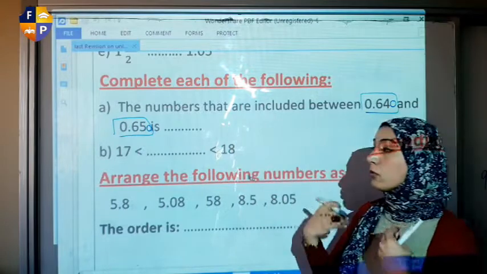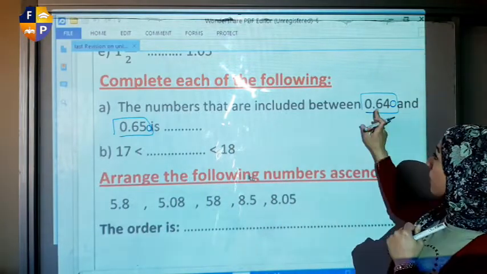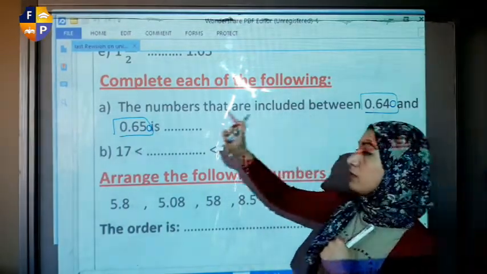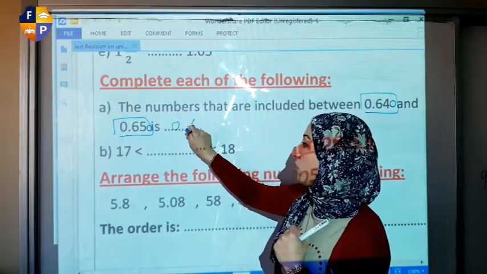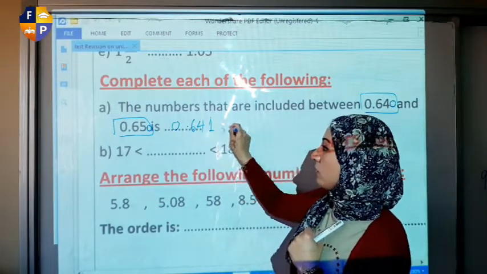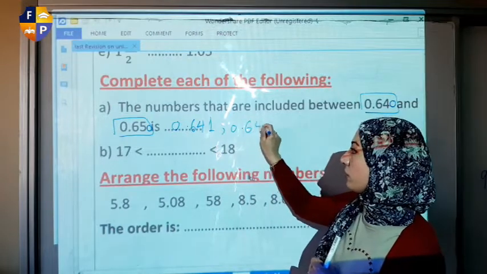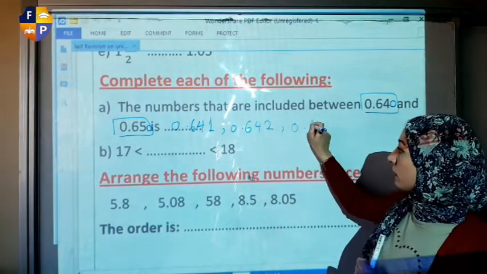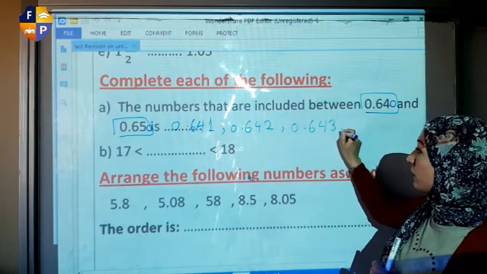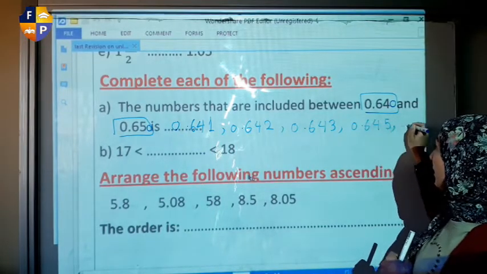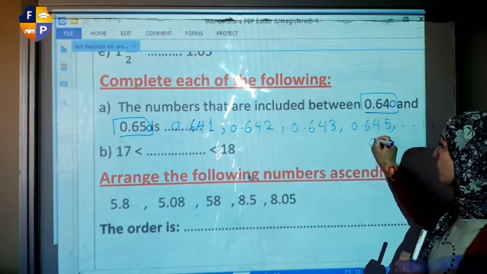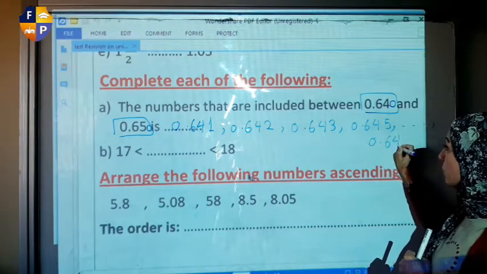So we have a lot of numbers between 0.640 and 0.650. The first 0.641, 0.642, 0.643, 0.645, and we can complete until we get 0.649.